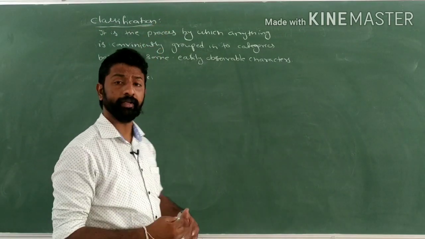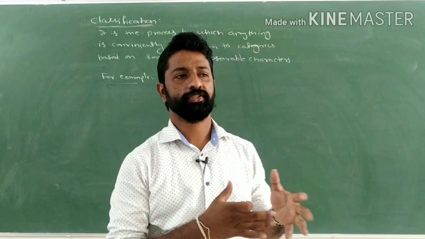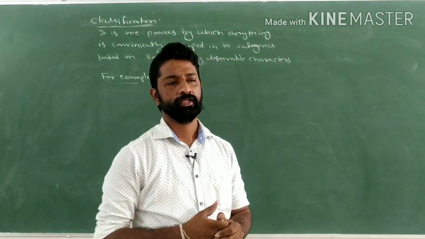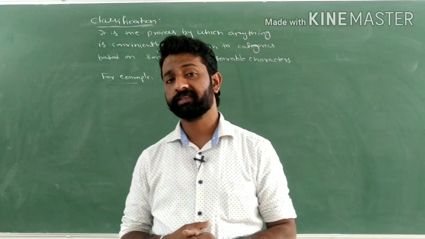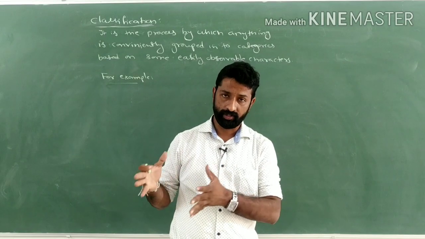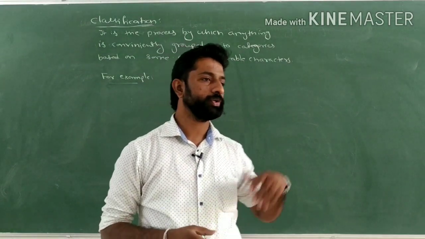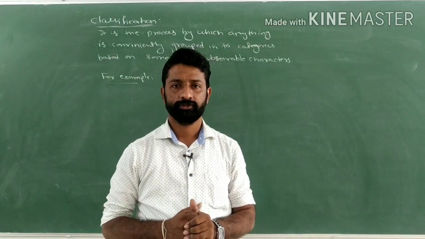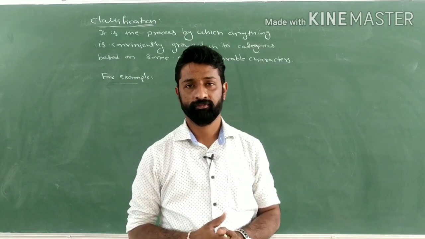Classification and naming. Before understanding the meaning and definition of that term, see, as we know, 1.7 to 1.8 million species of organisms have been identified and discovered so far. Is it possible to study each and every organism among those 1.7 to 1.8 million organisms?